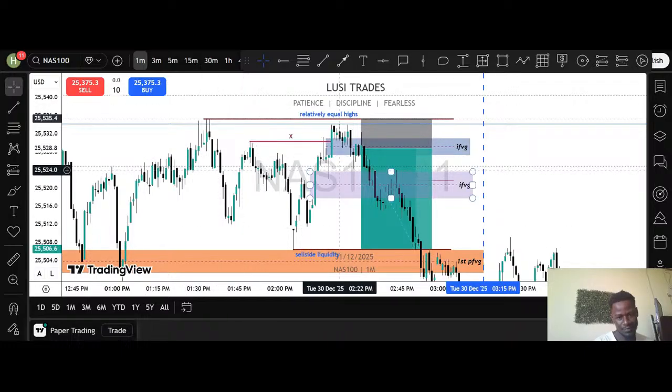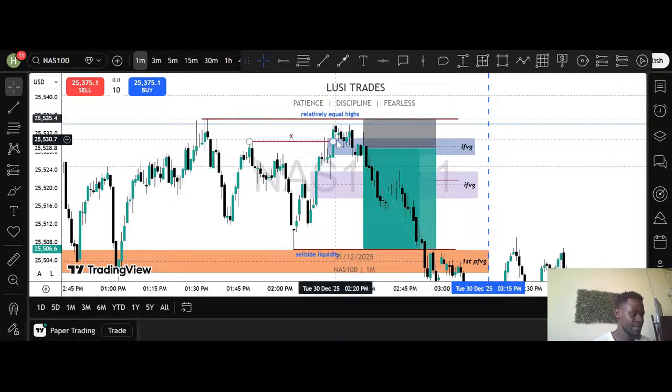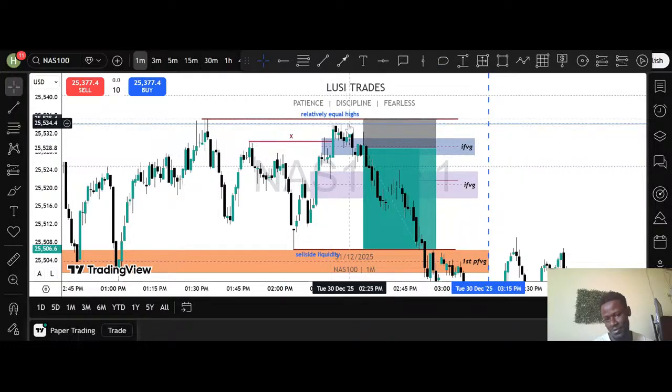We had this high failure swing and then a fair value gap in the form of a BC, buy side imbalance, sell side inefficiency. We inverted this BC, and once we trade and close below it, then time.